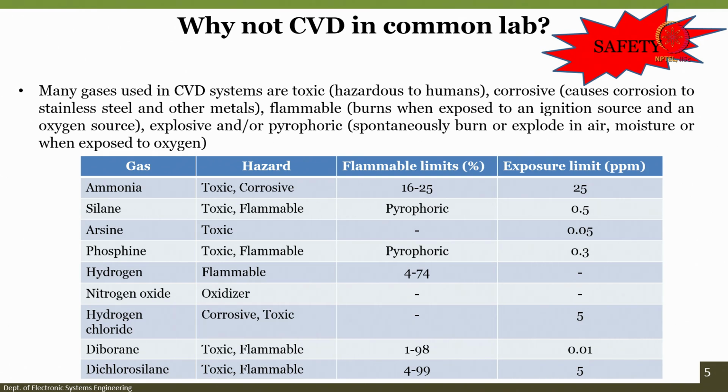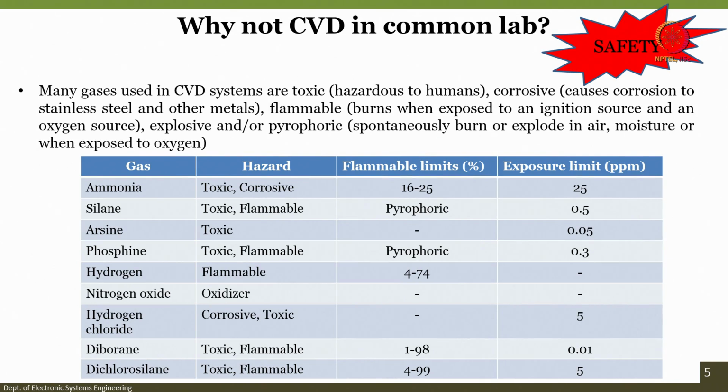So all these things require you to have a proper clean room setting, and for each system you should have a proper engineer working with the system. So you cannot just use CVD everywhere. That is why even for the laboratory that we have, which is a clean room, we do not have CVD, but we have CVD as a process or as a technology available with our mother facility, which we call SENSE, right, in the institute.